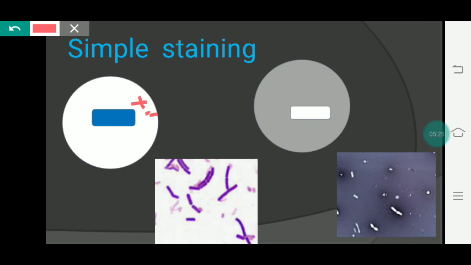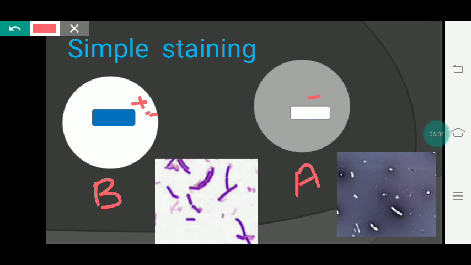Same in negative staining. What happens? In negative staining, as we know, our bacterial cell surface is negatively charged, so acidic in nature. The difference between monochrome and negative staining is that in monochrome staining we use a basic stain, and in negative staining we use an acidic stain.